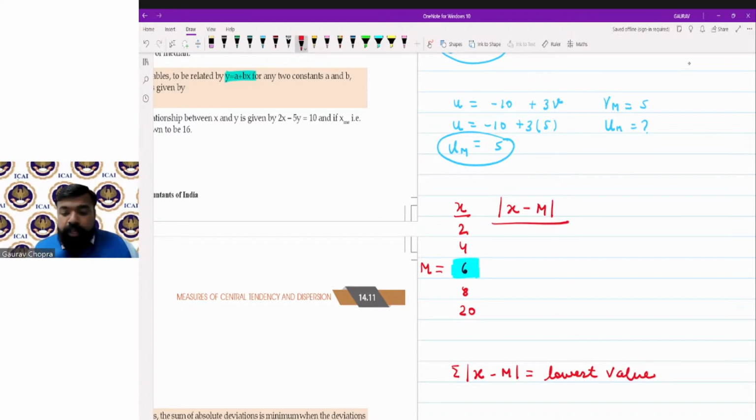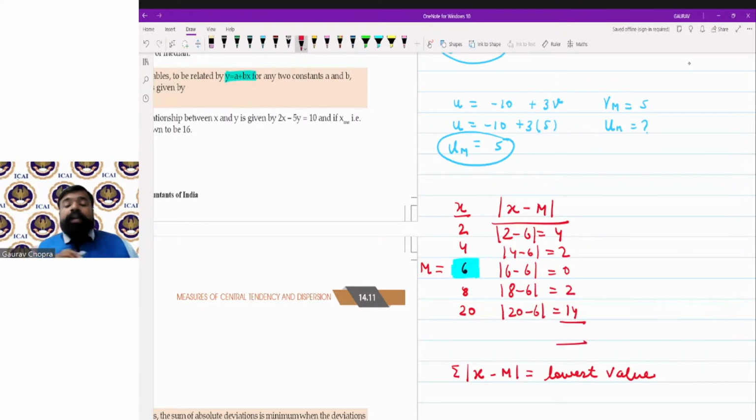We will not write the negative sign. Like 2 minus 6 is minus 4, but since it is modulus, we write 4. Then 4 minus 6 is 2, 6 minus 6 is 0, 8 minus 6 is 2, and 20 minus 6 is 14. Now add them. On adding, we get 22.